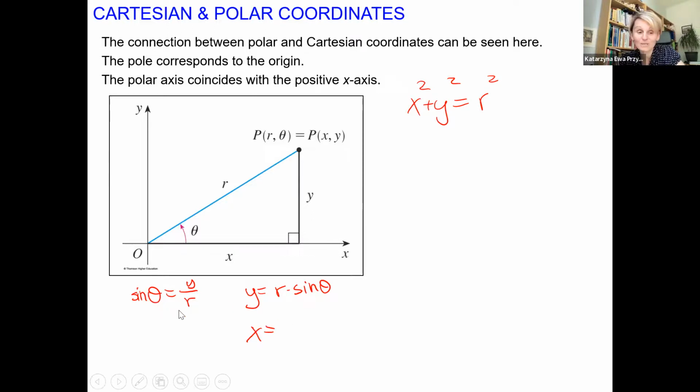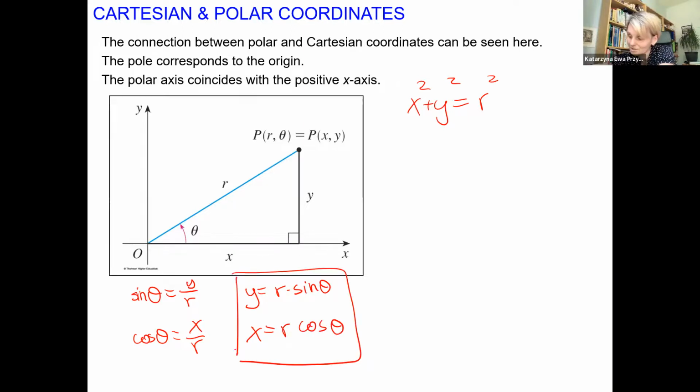What trigonometric function will we involve? Of course, cosine, because cosine theta is adjacent over hypotenuse, so x is r times cosine theta. Those are 2 extremely important equations, because when we have r and theta, when we have polar coordinates, then we can get Cartesian coordinates quickly.